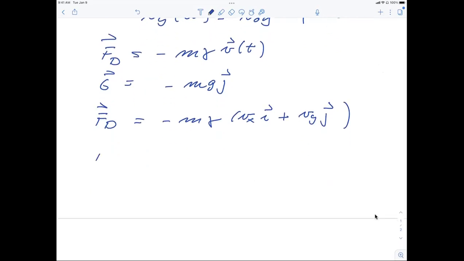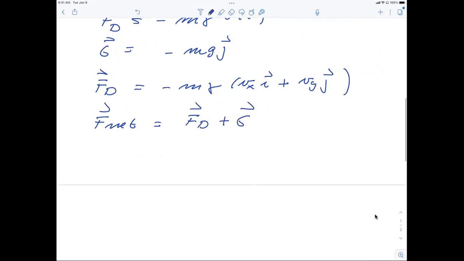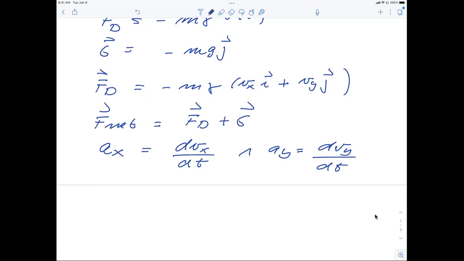So the net force, if we neglect all other forces, is obviously the sum, given by F_D plus the gravitational force. The acceleration in the x direction is going to be given by dv_x/dt. The acceleration in the y direction is going to be given by dv_y/dt.